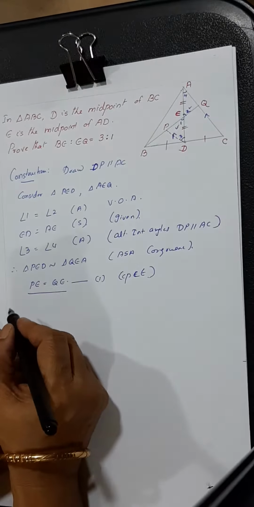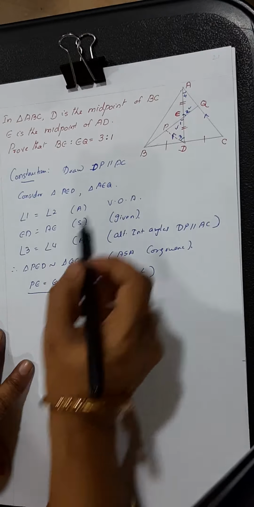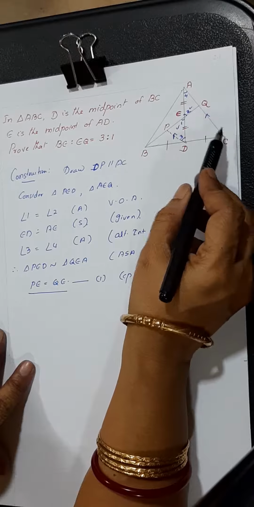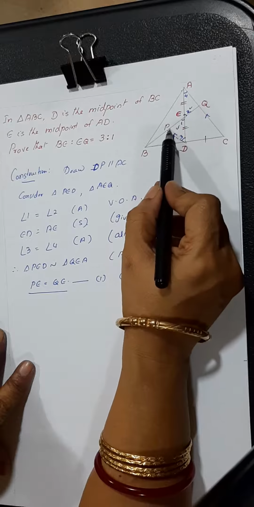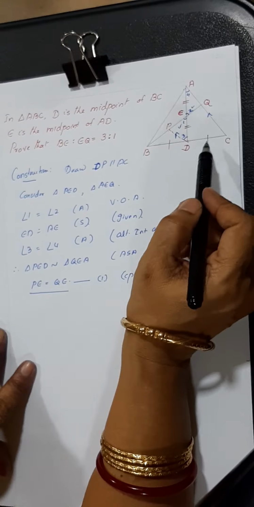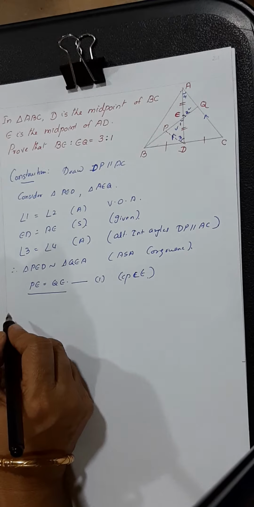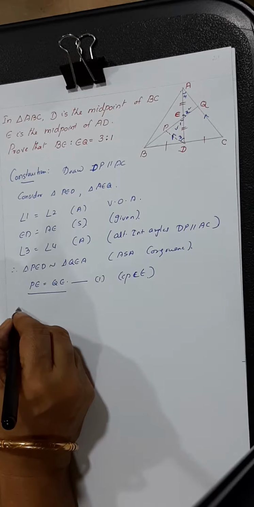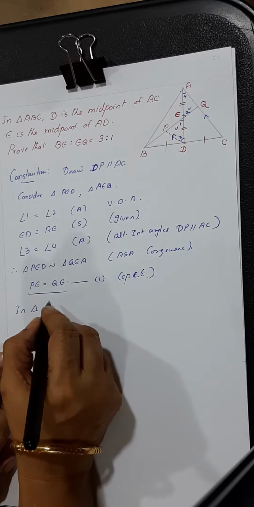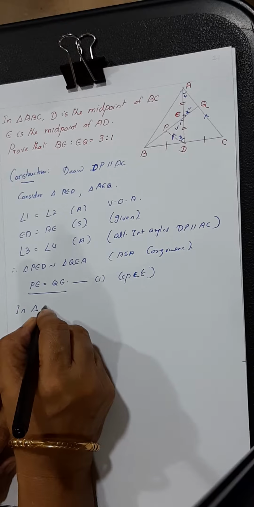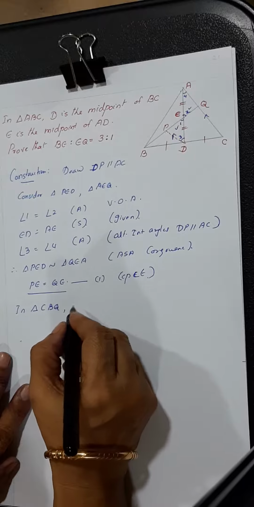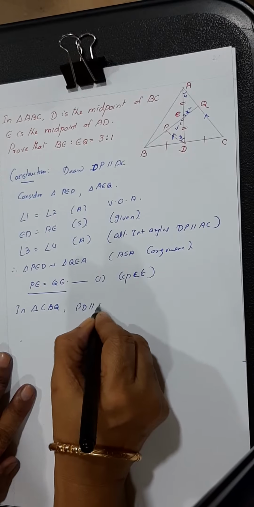So now BD by DC will be equal to BP by PQ, because PD is parallel to AC. So we'll write this in triangle QBC, PD is parallel to AC.